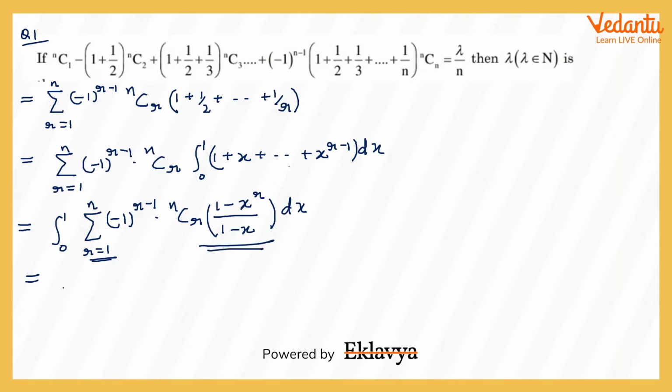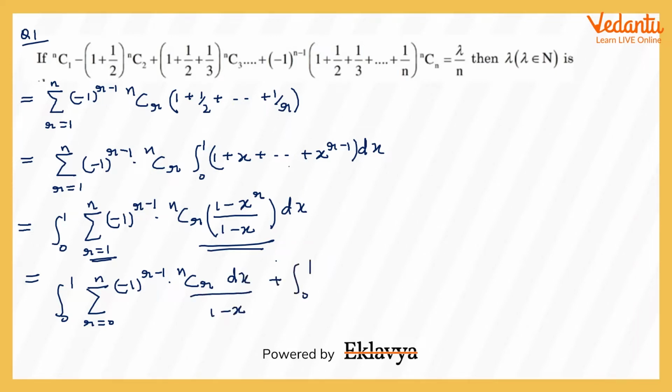So even if I write this summation starting from r equals 0 to n, the sum will not change. But here I will also split these two summations like this: dx upon 1 minus x, and then plus integration 0 to 1.